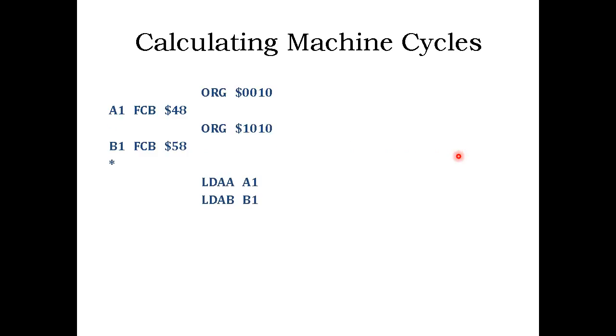Okay? Let me show you some more. For example, let's say we have a bunch of lines here, right? We first said, start from this address, and then we saved A1, and then we again started from a different location. See, this is much farther along than here, right? This is just 0010, but the next one is 1010. Now, what is the difference? The first line is read like this, LDAA $10, right? Because the address of A1 is 0010, which you can write just as 10.